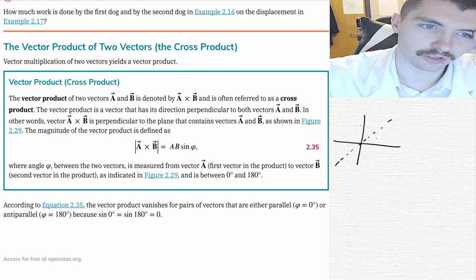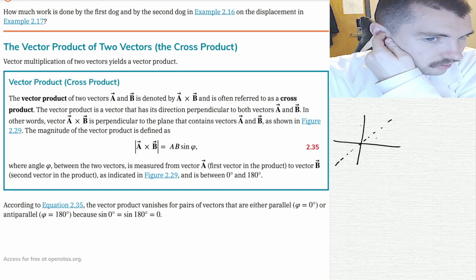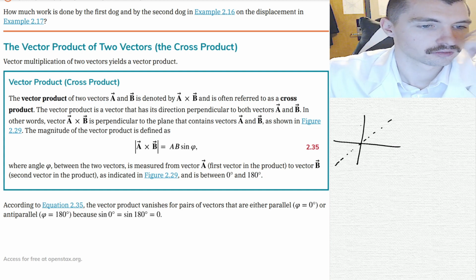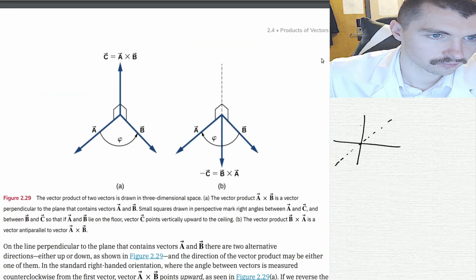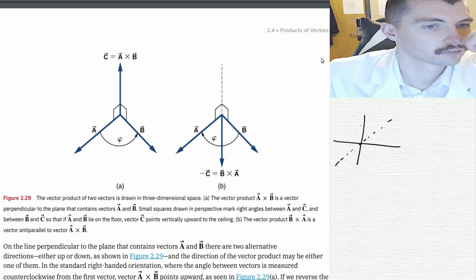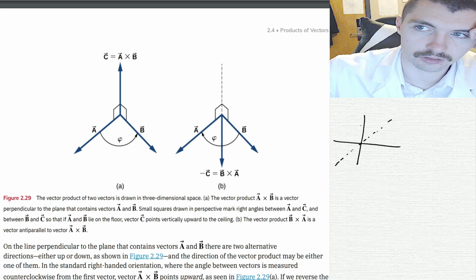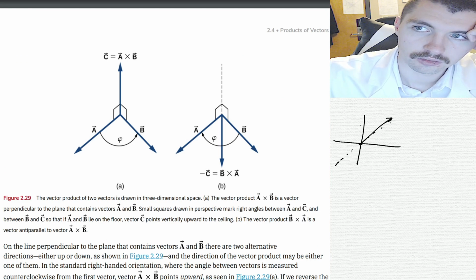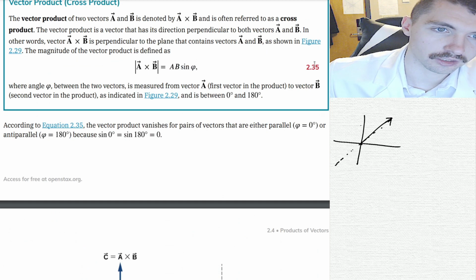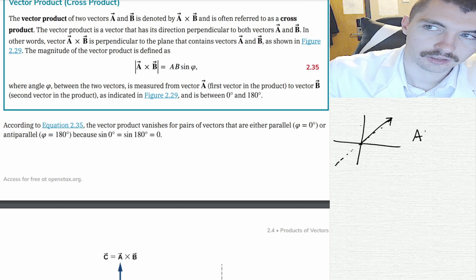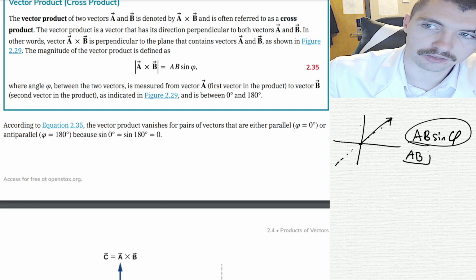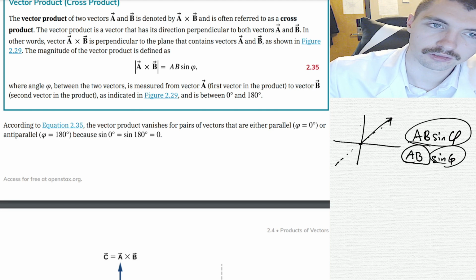And that's just a number. Nope, it's a vector. Okay, I see. AB sine theta. This is a vector because it's got a magnitude and it's got a direction. Okay.